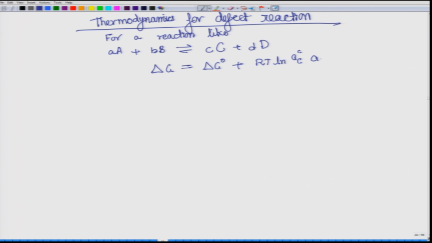Similarly, the activity of the D component to the power small d, the number of moles of D. Then the activity of A to the power small a, and the activity of B to the power small b, the number of moles of B. So, what is a? a is the activity.